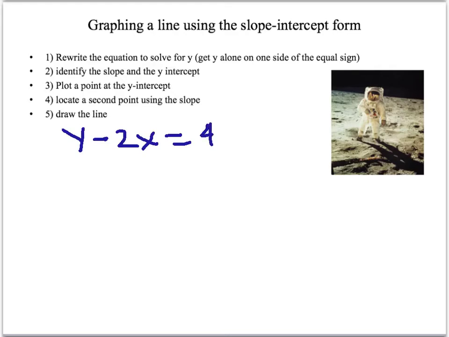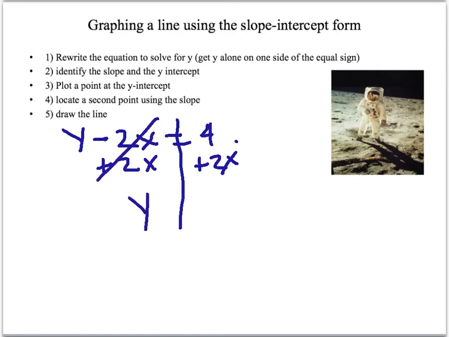Okay, so let's get y by itself. Well, I need to move this minus 2x from the left-hand side to the right-hand side. So I'll add 2x to both sides, plus 2x. Those cancel out and become 0, and I end up with y equals 2x plus 4.